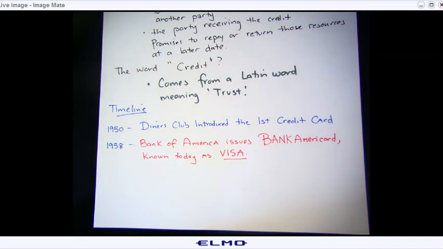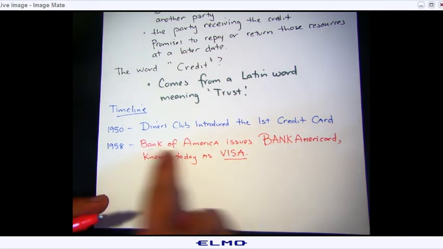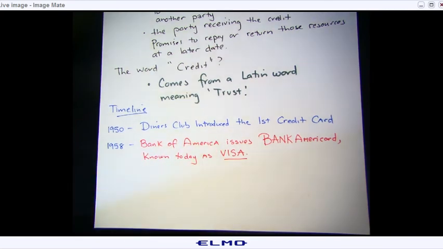Wells Fargo, Bank of America, Chase, or I don't know? What's your answer? Bank of America. See, these are the questions. As long as you're writing the notes, you could do well on the test.